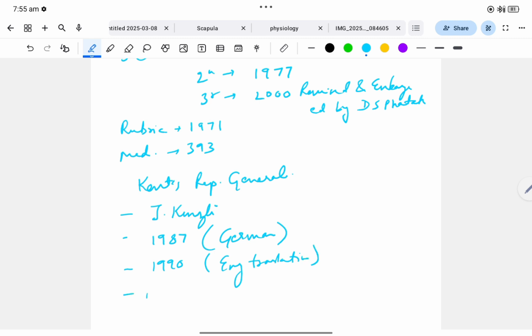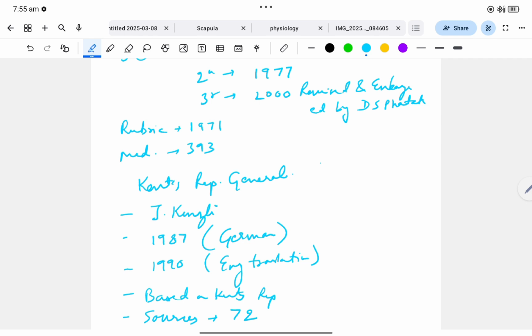It is based on Kent's repertory, all the plan and construction and arrangement of rubrics. Sources of this book is 72.